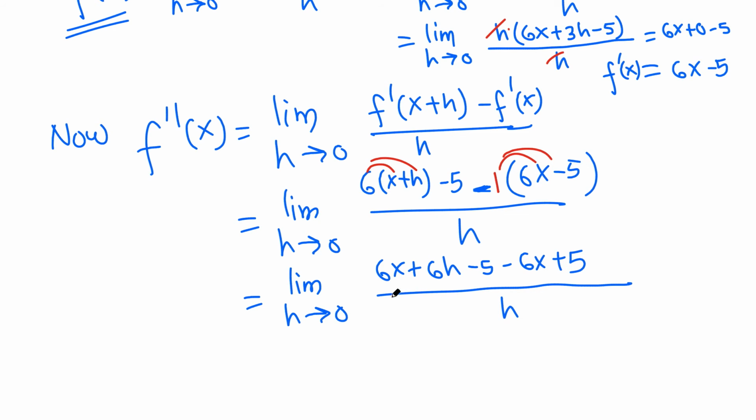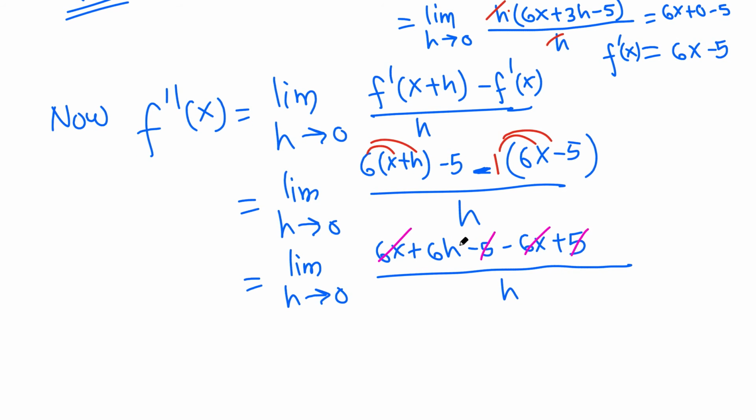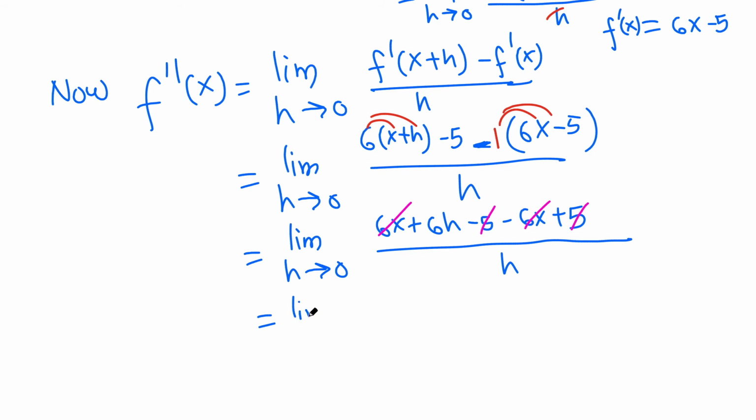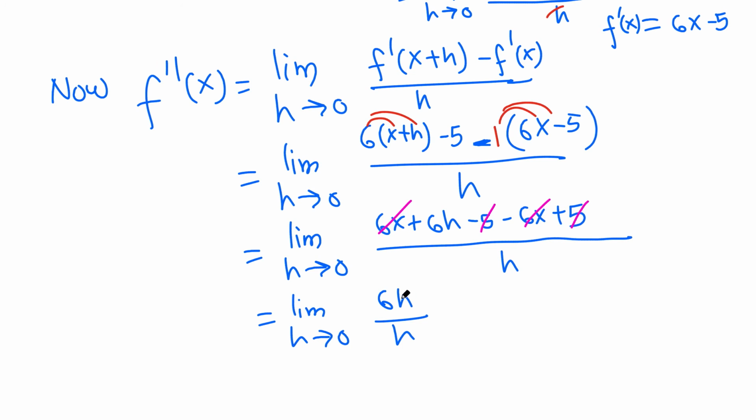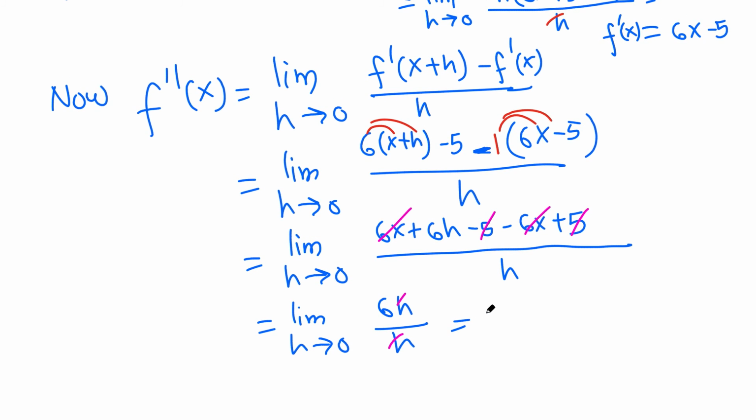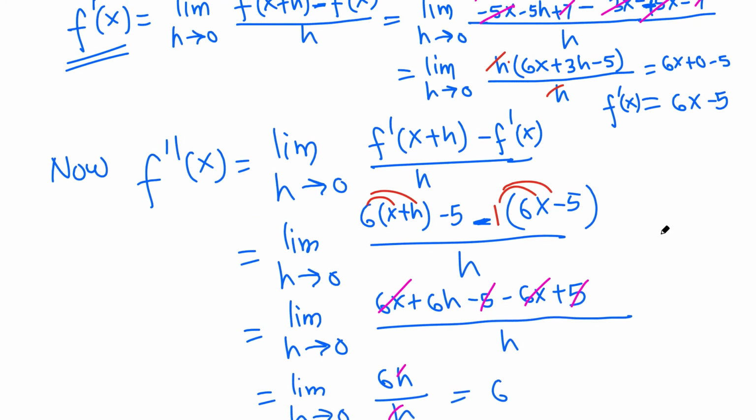Now as usual we just simplify the top, cancel, that leaves just 6h over h. Now this is 6 times h, so we can cancel h. We don't have any h left, so just 6. So that's the second derivative.